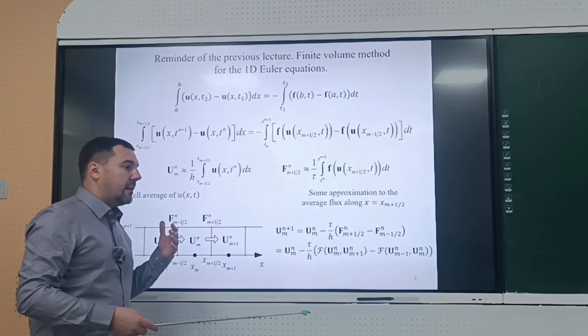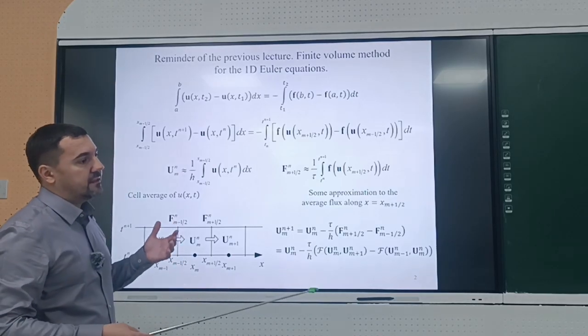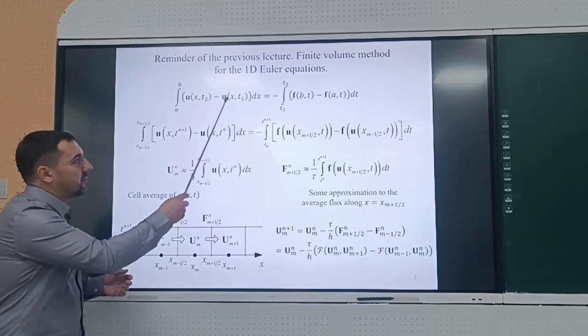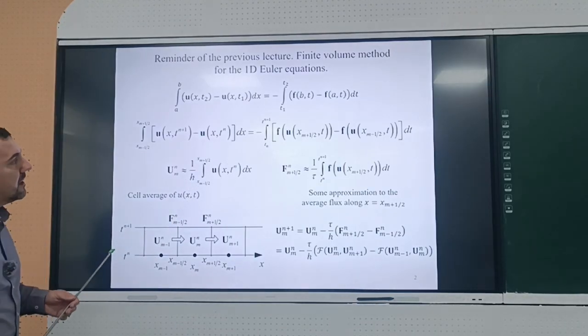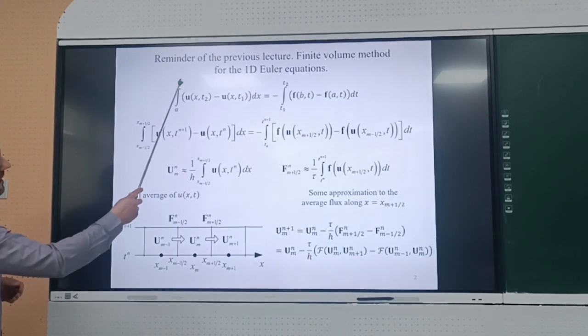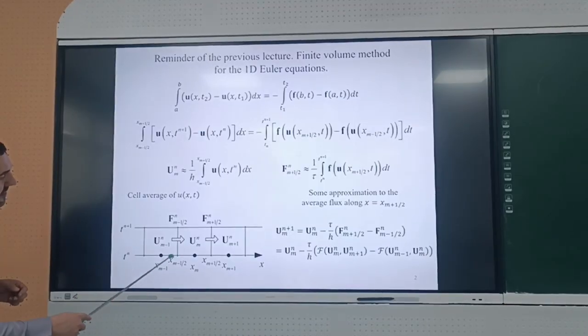That's because we need to find so-called weak solutions and discontinuous solutions. The idea was that we should apply this integral form to compute cell averages of our grid function in a computational cell.